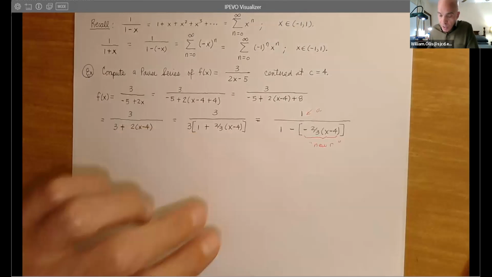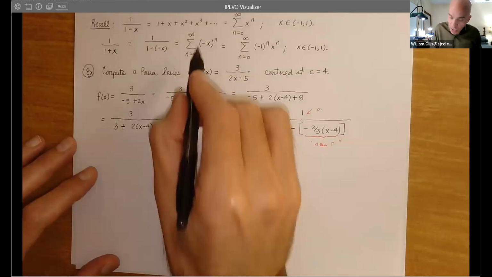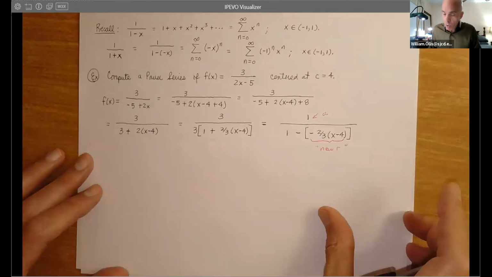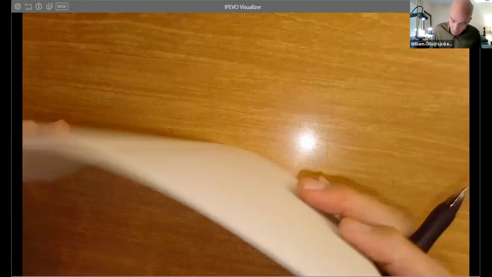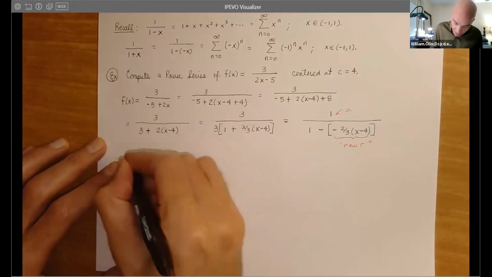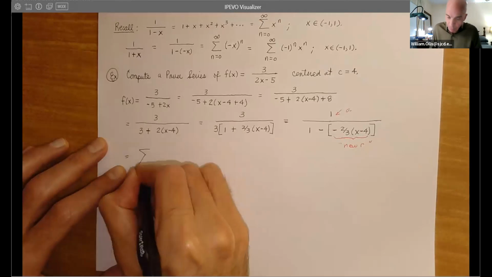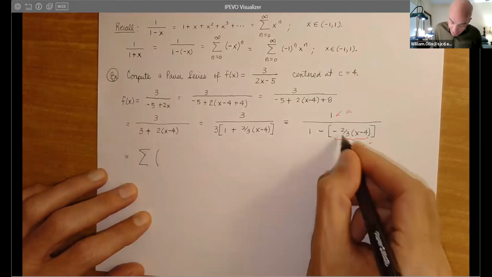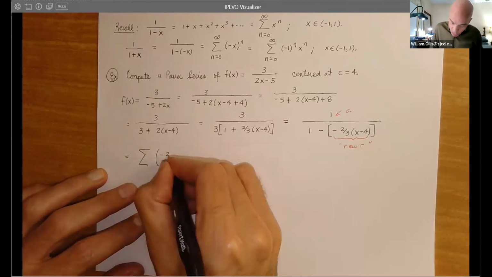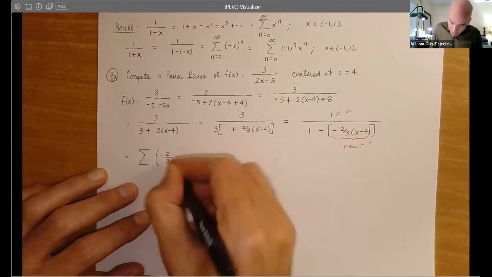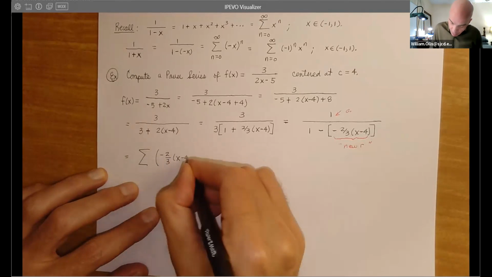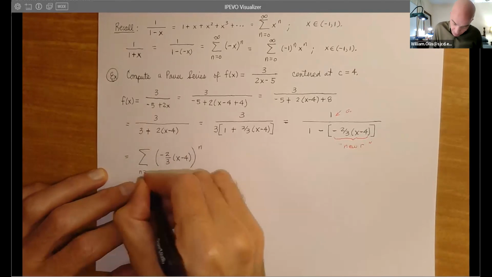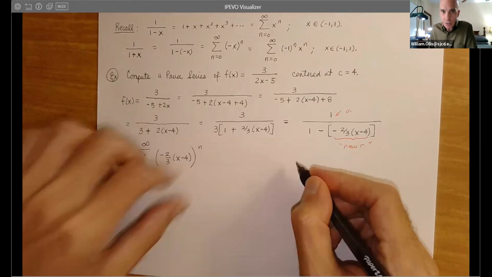So now we can go to here. Or we can just do this and rig it so that you can see the -1, the alternating. So now we get the series. Again, we've matched this. We have now -2/3 x minus 4 to the n, n equals 0 to infinity. So we just have this pattern here.